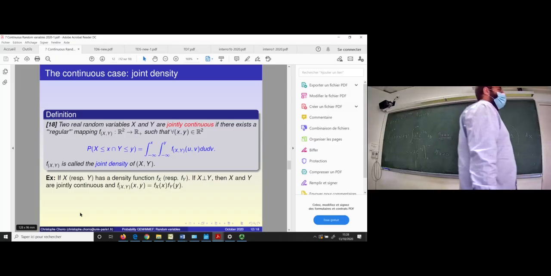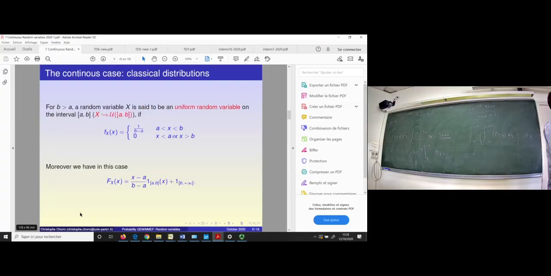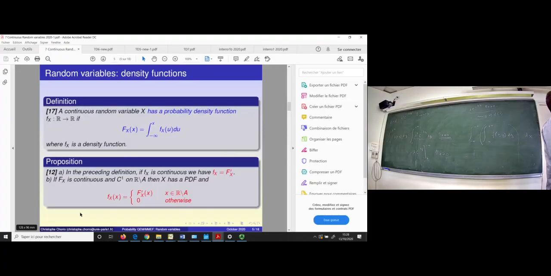So if you want, this definition generalizes what I have done in the case of 1. In the case of 1, I am continuous, and I have this density function. If I fulfill this, that is the probability that capital X is less than small x.